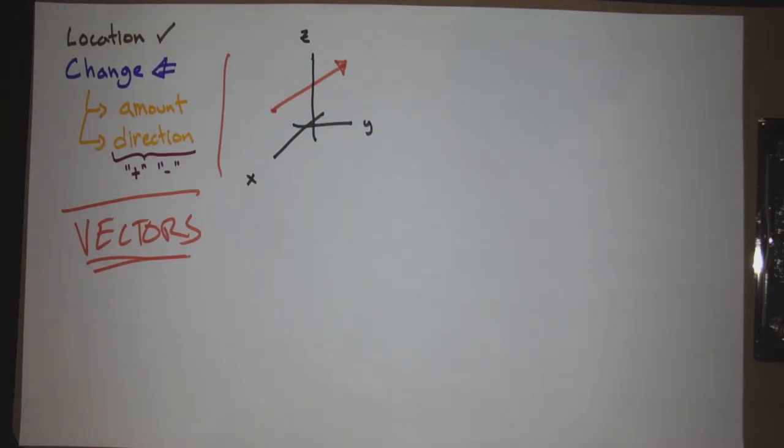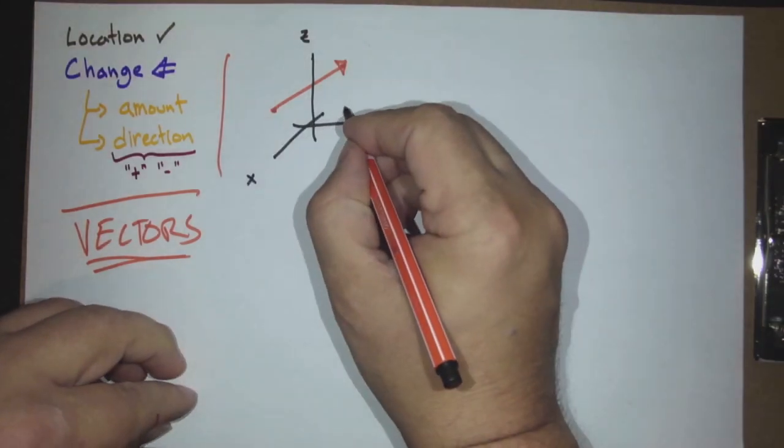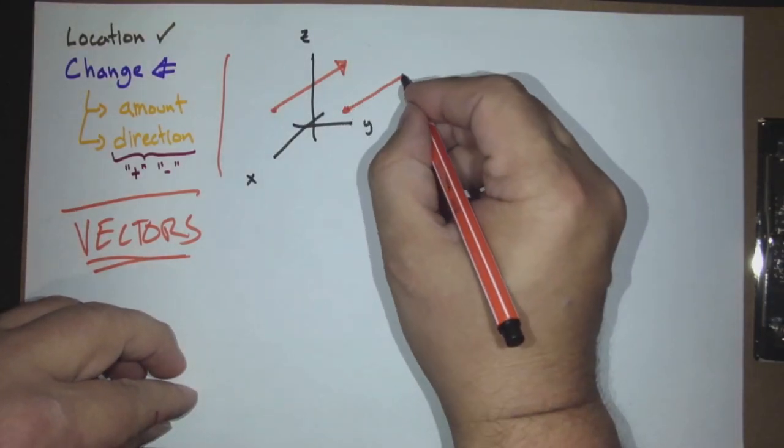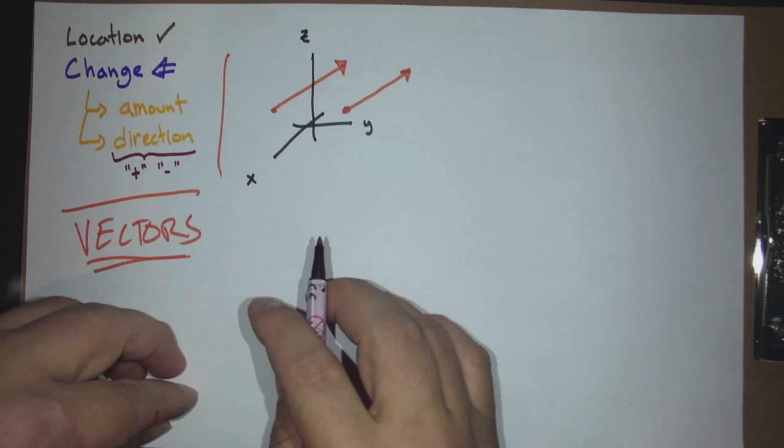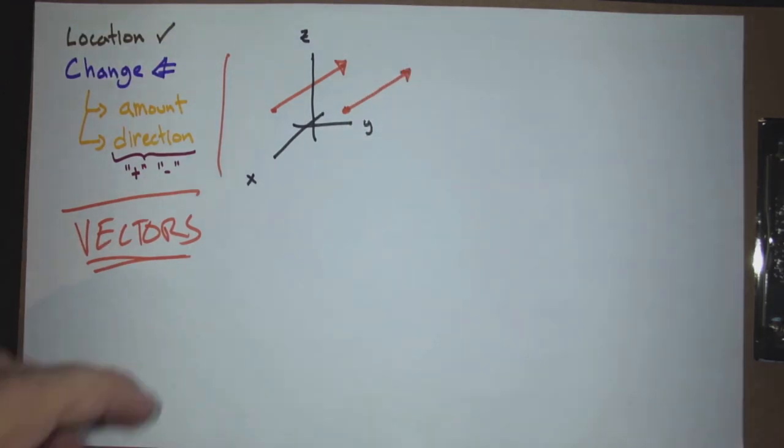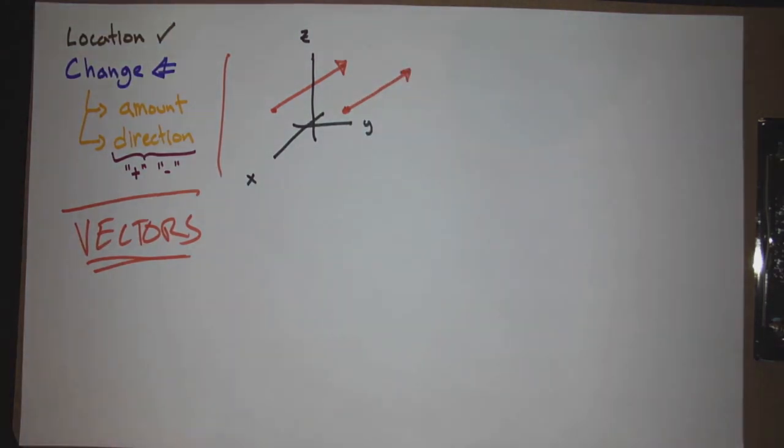Now, here's the thing. Points are sort of locked in, but vectors are not. Vectors are measuring change. So that is to say, if I move over a little bit, if I have the same length and I have the same direction, these are the same vector. So vectors are not tied to a specific location. Vectors are all about change.